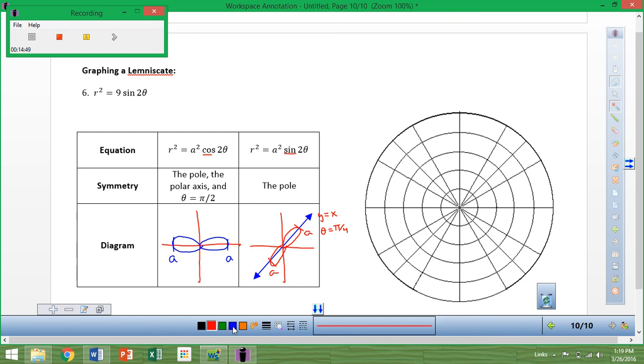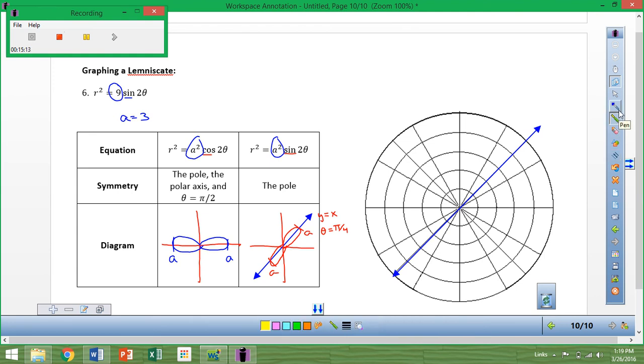The only thing you need to watch for is be really careful, since in the equations it's a squared. So for the one we're going to graph, that 9 means that a is 3. It's sine, so it's going to be oriented along the line theta equals pi over 4. So the first thing I'm going to do, theta equals pi over 4 is our diagonal line right through here.